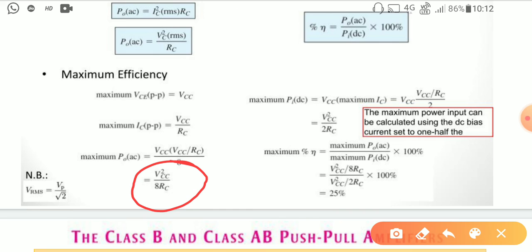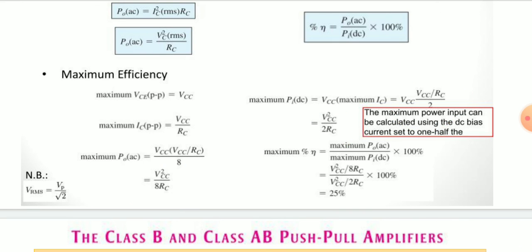Same way, the input side, that is the supplied DC power, becomes VCC times ICQ, and ICQ is VCC by 2 RC. So VCC times VCC by 2 RC, that is VCC squared by 2 RC, is the input supplied power.